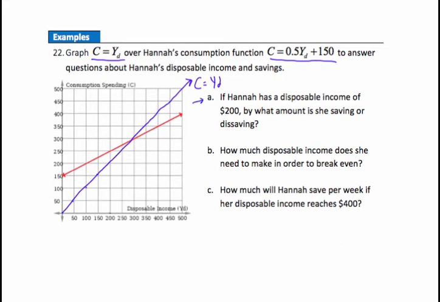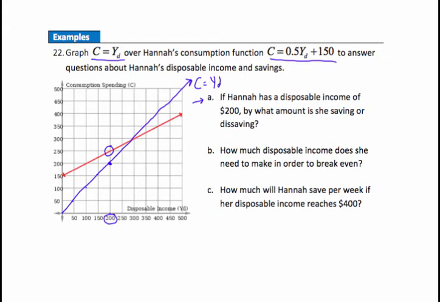Let's take a look at question A now. If Hannah has a disposable income of $200, by what amount is she saving or dissaving? So here's a disposable income of $200. If Hannah was spending exactly $200, she'd be breaking even. But notice with Hannah's consumption function, she's spending $250.